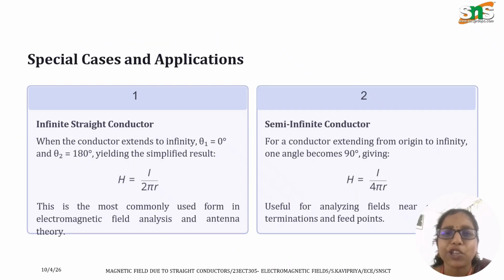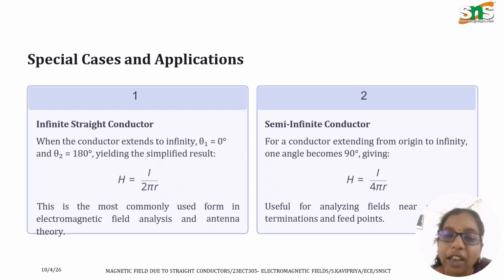What are the special cases and applications involved here? First is the infinite straight conductor. When the conductor extends to infinity, if theta 1 is equal to 0 and theta 2 is equal to 180 degrees, then the magnetic field intensity is given by H equal to I by 2 pi R. This is most commonly used in electromagnetic field analysis and antenna design.